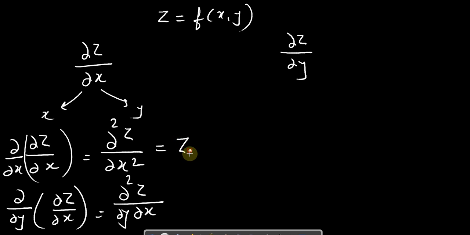This is also represented as zxx. This is zyx. First x, then y. Similarly, we can differentiate the other first derivative with respect to x and with respect to y.